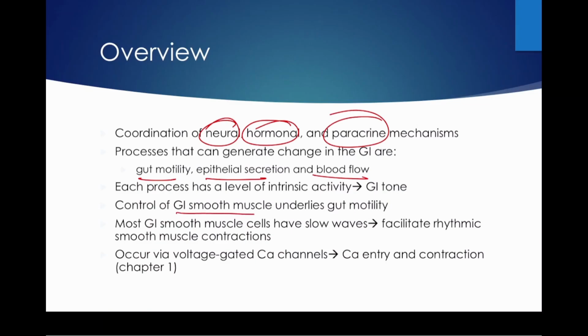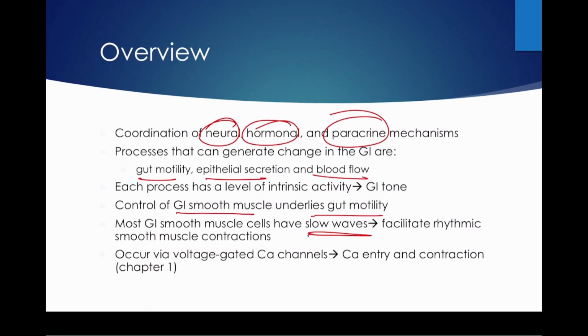Control of GI smooth muscle underlies gut motility. So if the gut motility is not working very well, the GI smooth muscle is not squeezing very well in those certain patterns to get the food moving, you're going to have slow motility. Most GI smooth muscle cells have slow waves, and that gives that rhythmic smooth muscle contraction.